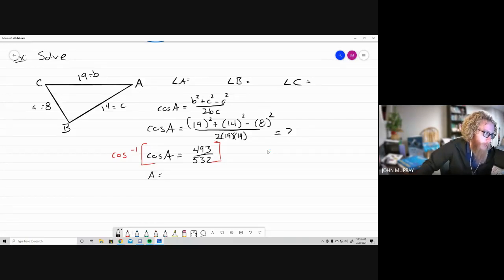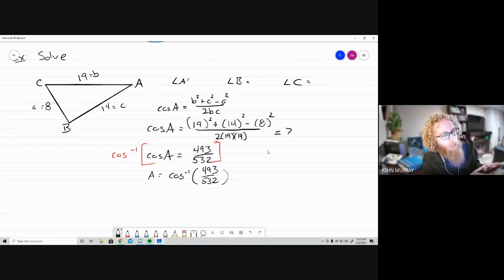So we'll have A is equal to the inverse cosine of 493 over 532. Keeping it like a fraction removes that whole part of rounding to a decimal point, so keeping it as a fraction is a little more accurate. And you could just type in 493 divided by 532, the inverse cosine of that.